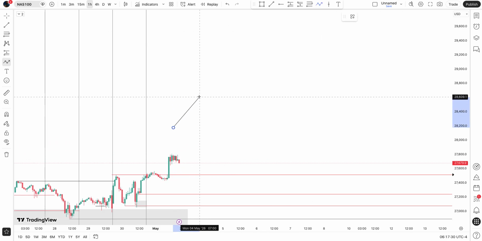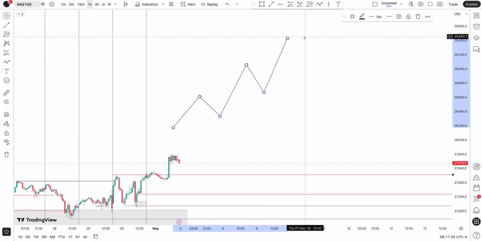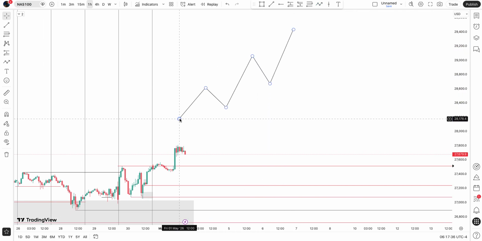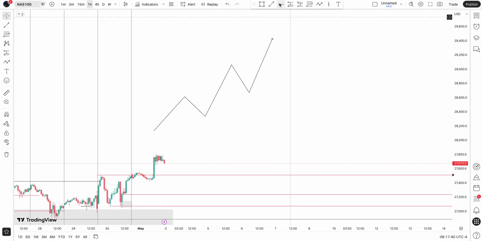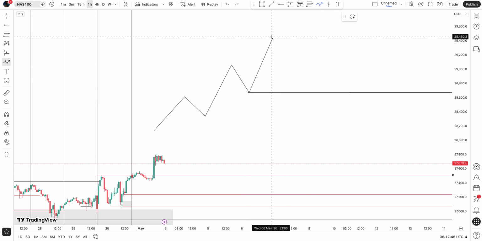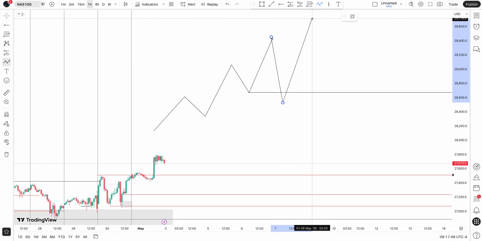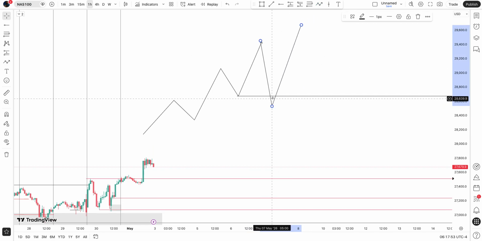I start with my buyers. I want to know if we are bullish or bearish. It's simple. If we are bullish, then I'm looking for sell side to be taken. Then I look for my confirmation and I take a trade.